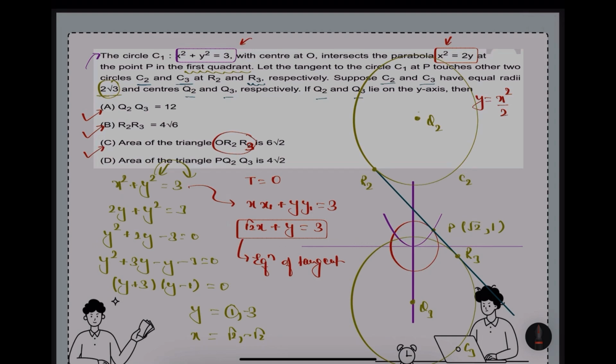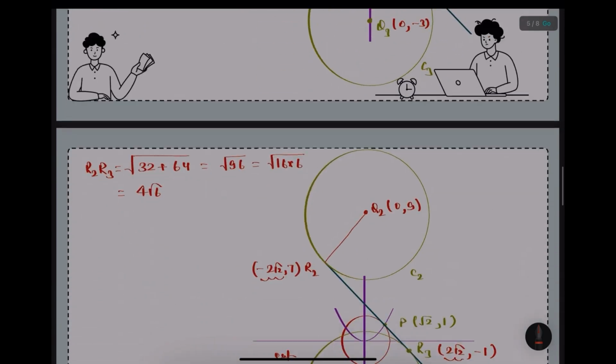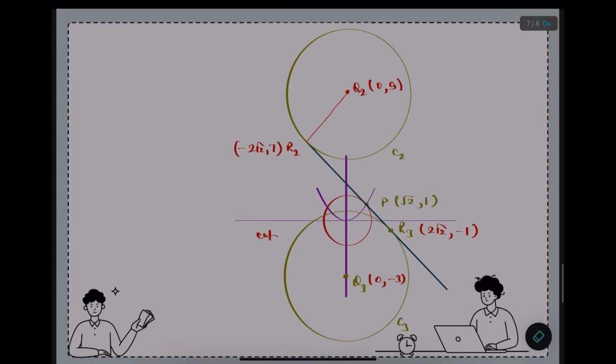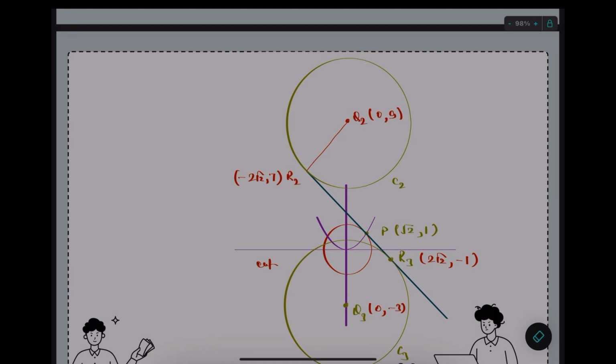Now we will go with the area of the triangle P Q2 Q3. Can you help me in finding point P?